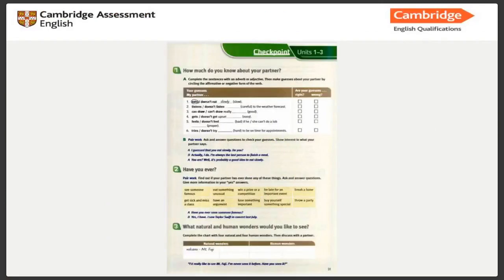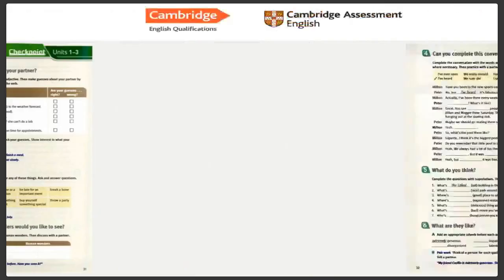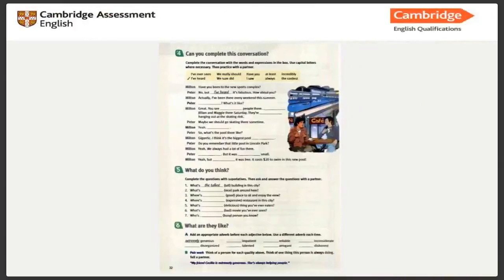Each checkpoint is after 3 units. Note that this section can be done outside classroom time, but for some sections, students are expected to work in pairs, so encourage them to team up for certain parts. Otherwise, most of the checkpoint parts can be done individually.